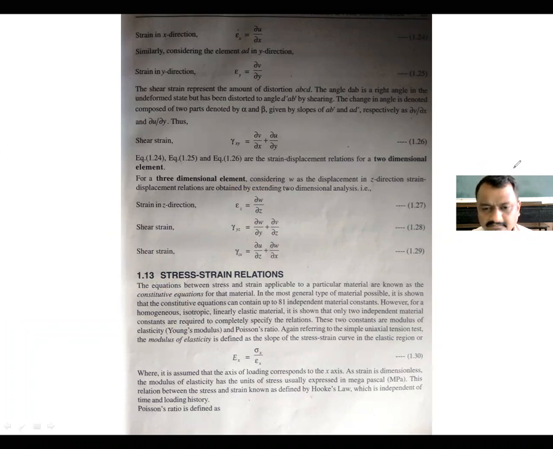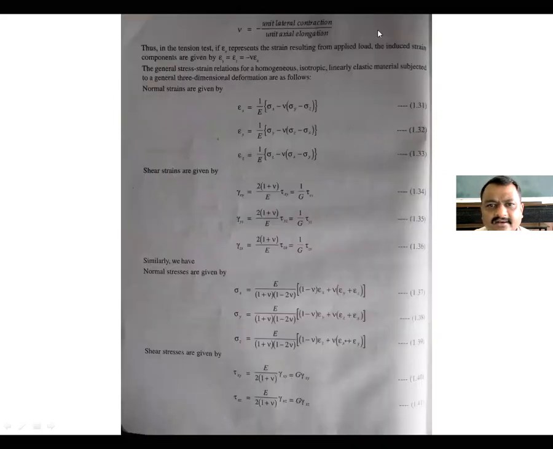Once you learn these things, then you can proceed with writing the remaining stress strain relations. Strain, I know, if I multiply with Young's modulus, I can find out the stress in the material. So that is what they have written here, right? We will go into detail in the next class also. But now I'm just showing epsilon x, normal strain, if I'm determining in a three-dimensional body. So 1 by E into sigma x, stress in x direction, because epsilon x is in x direction.